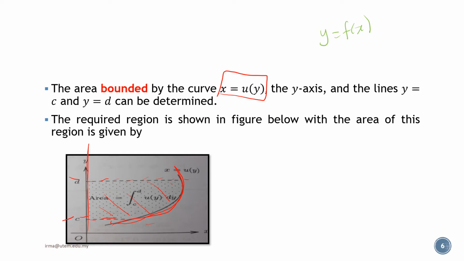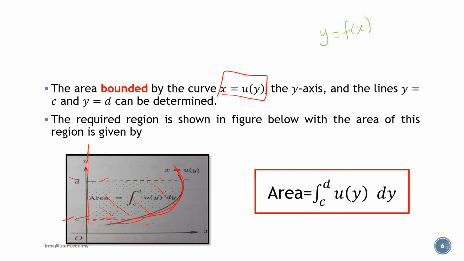The area bounded by this graph can also be determined. How are you going to find the area? By using this formula: area is the function u in terms of y, which you integrate with respect to y from c to d.